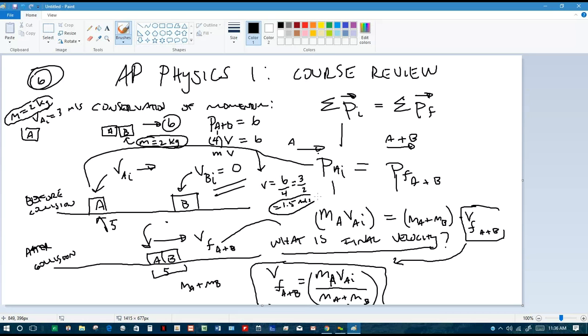So specifically, the pattern is showing that the original guy, remember, was moving at 3 meters per second. And since the moving object doubled its mass from 2 to 4, the velocity is cut in half from 3 to 1.5 meters per second, so that the total momentum that originally came into this collision, 6, is equal to the total momentum coming out of the collision, which is also 6.